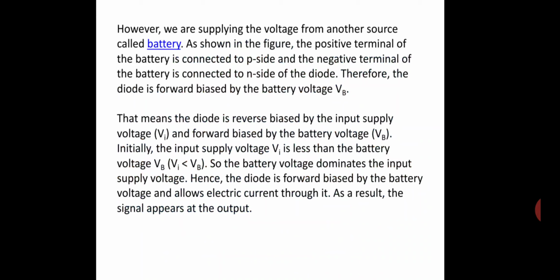That means the diode is reverse biased by the input supply voltage Vi and forward biased by the battery VB. When the input supply Vi is less than the battery voltage, the diode is forward biased by the battery and allows electric current through it, and the signal appears across the output.